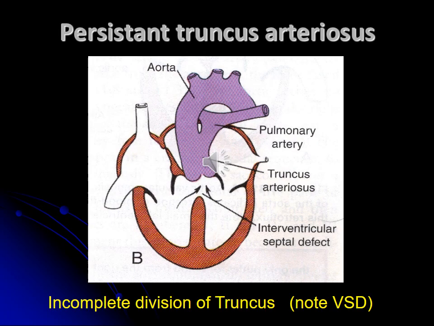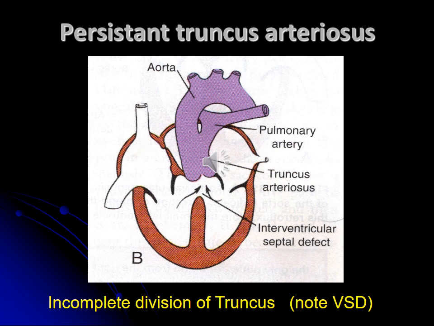Coming to the congenital anomalies involving the spiral septum or truncus arteriosus, when there is an incomplete division within the truncus arteriosus, the great arteries coming from it, that is aorta and pulmonary trunk, may be fused into a common trunk, and that is incomplete division. In the slide it says note VSD. That's why we said that VSD is the most common congenital cardiac anomaly.